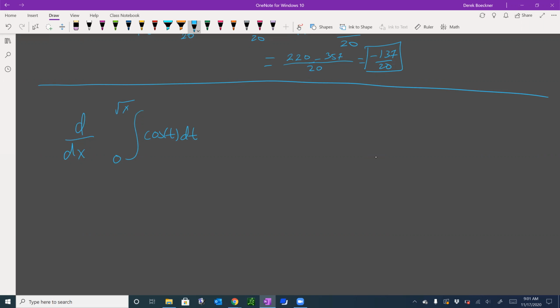Okay, the whole idea before was if I have the function F of x equal to the integral from a to x of f of t dt, then F prime of x equals f of x, right? I don't have just an x up here though, right? So I'm going to have to put this together so that I can use this context.